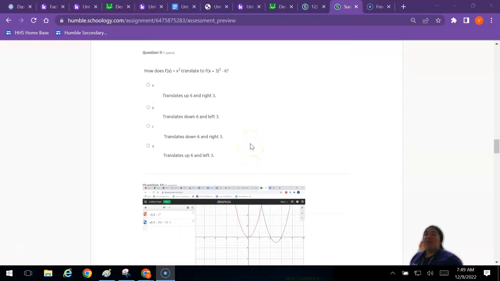How does f of x equals x squared translate to f of x plus 3 minus 6? Yeah, you kind of got to follow that table. Left 3, good. And then down 6. You remember how you follow that?